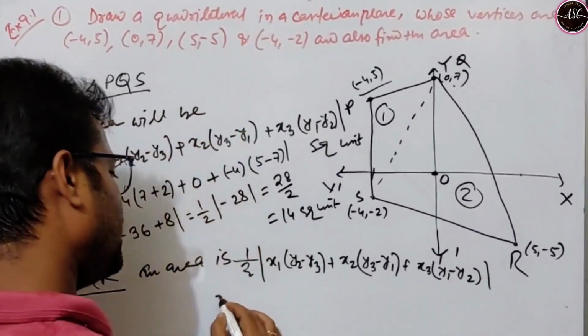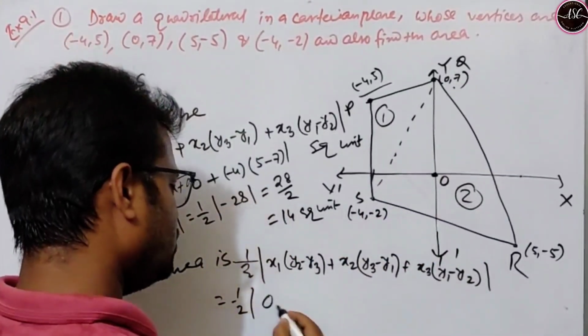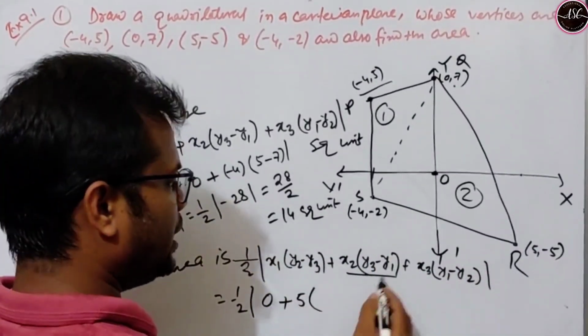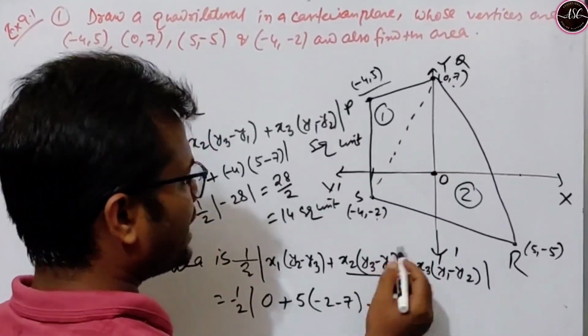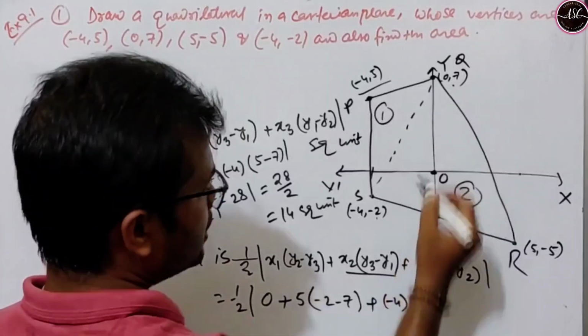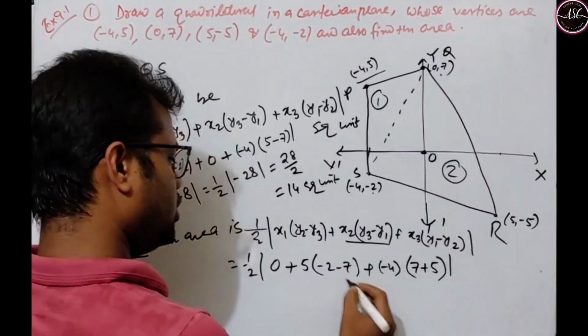Okay, mod close, and half. Here we let x1 equal to 0, that means this term will be 0 as x1 is 0, and x2 equal to 5, y3 equal to minus 2, minus y1 equal to 7, and plus x3 equal to minus 4, and y1 equal to 7 minus y2 equal to minus 5, that means this will be plus 5.